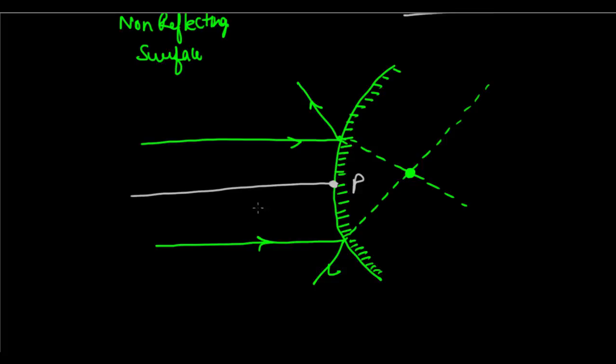So this point at which they meet is what is called the focus. And this focus here is not a real focus, it is a virtual focus. Why is it a virtual focus? It's because it is not real. We have not actually seen them meet at that point. They appear to meet at that point due to the extension of the reflected rays, right? So that is why we call it a virtual focus.